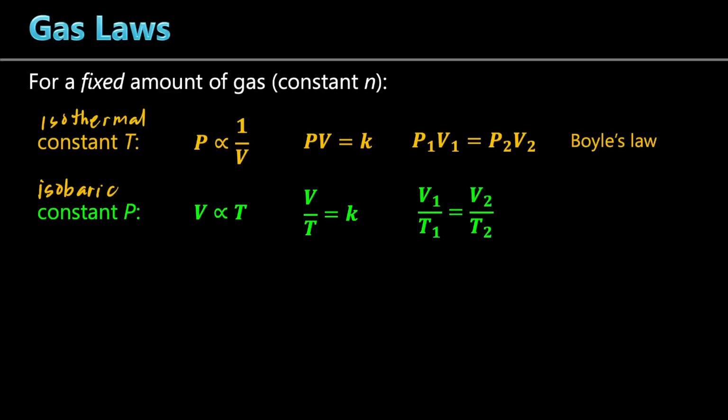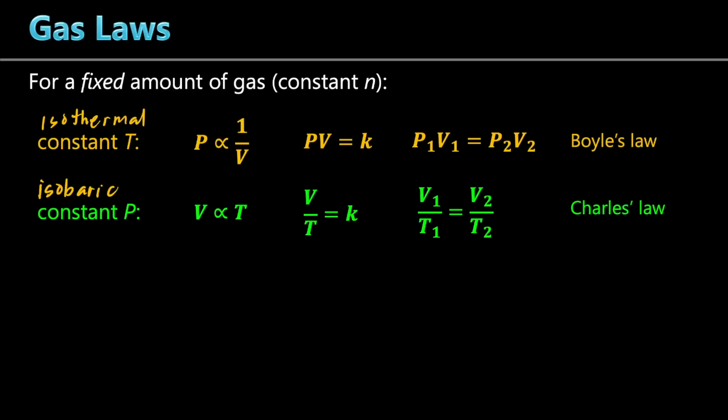Kung ito, P1V1 equals P2V2, ang tawag ay Boyle's law, ano naman ang tawag dun sa law na nagsasabi sa atin na kapag ang gas, kung constant ang pressure niya, yung volume ay directly proportional to the temperature? Yan ang tinatawag natin na, can you guess? Yes, that's right. It's called Charles' law.